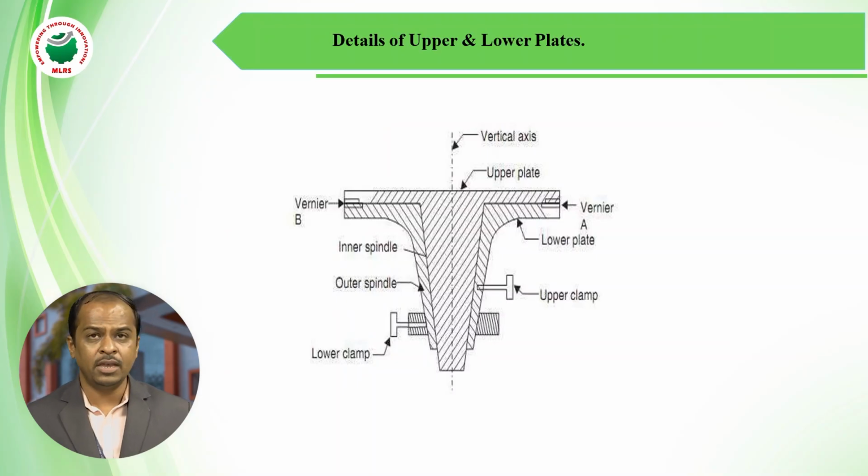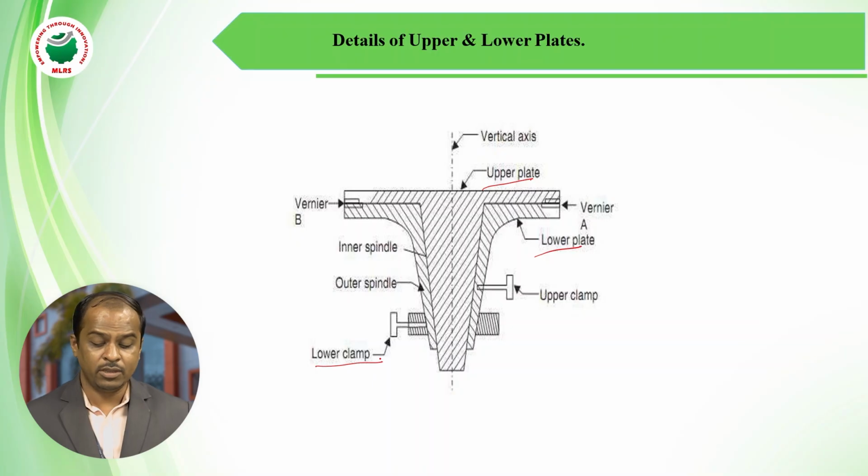Here is the spindle arrangement, upper plate and lower plate. While rotating the instrument in the vertical axis on a horizontal plane, the lower plate is clamped with the lower clamp.